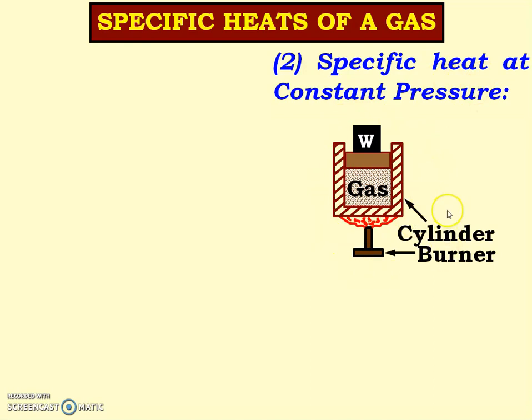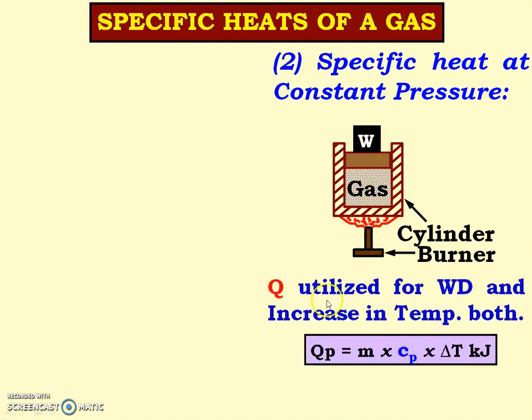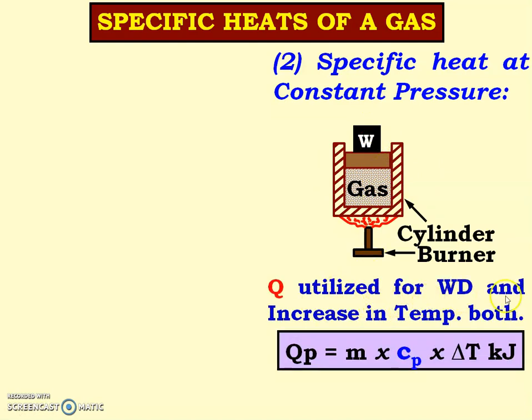Already we have studied it, right? When we supply heat, the heat is utilized to carry out two things. One is to increase the temperature of the gas, another is doing the work. So Q is utilized for both work done and increase in temperature. So Qp equals M into Cp into delta T, where Qp is the heat supplied during a constant pressure process.